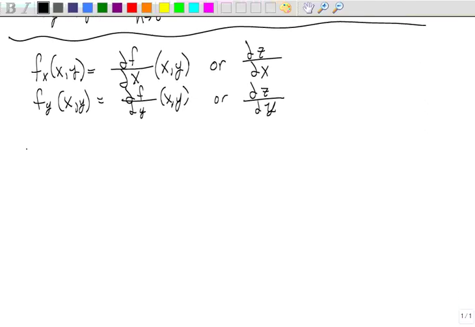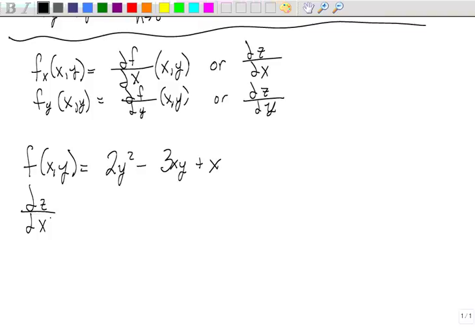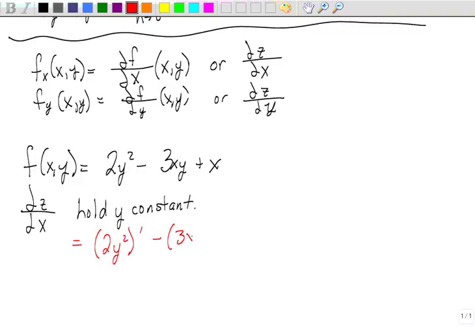So for an example, if our function is this, and we want the derivative of it with respect to x, the partial, here we're going to hold y constant and just look at x as a variable. So if y is constant, this first term, well, let's just take the derivative of each. I'll just use a prime here. Each one.